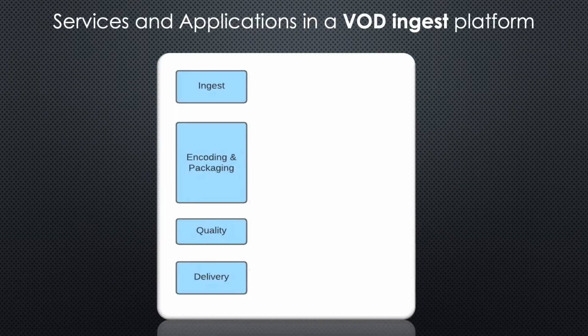Let's look at what services and applications may be in a typical VOD platform. If we look at ingest, we'll have the initial mezzanine delivery. We may have media package validation. In other words, we may have a service that is going to analyze all of the files in a media package to ensure that it meets our specifications and the standards.